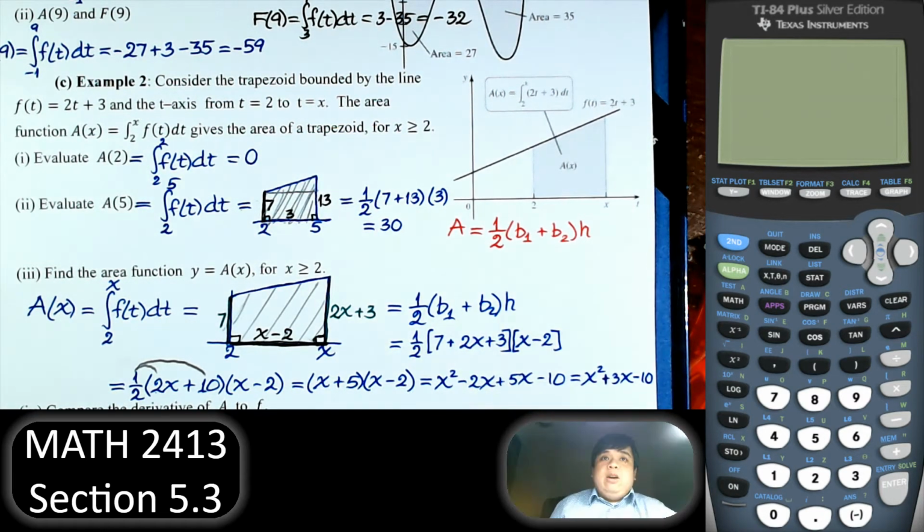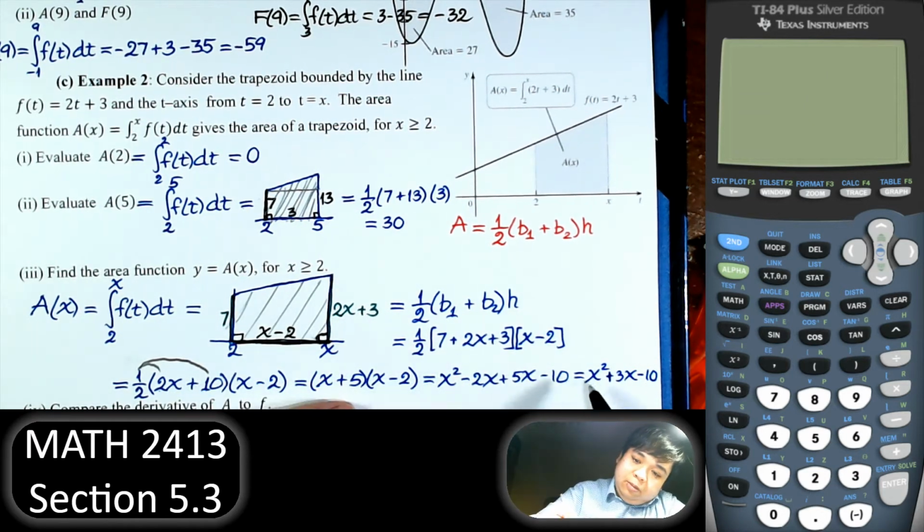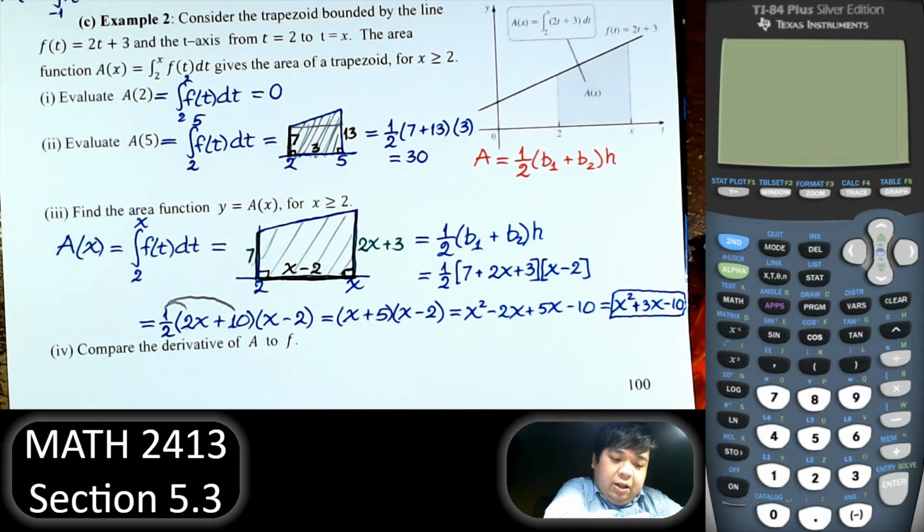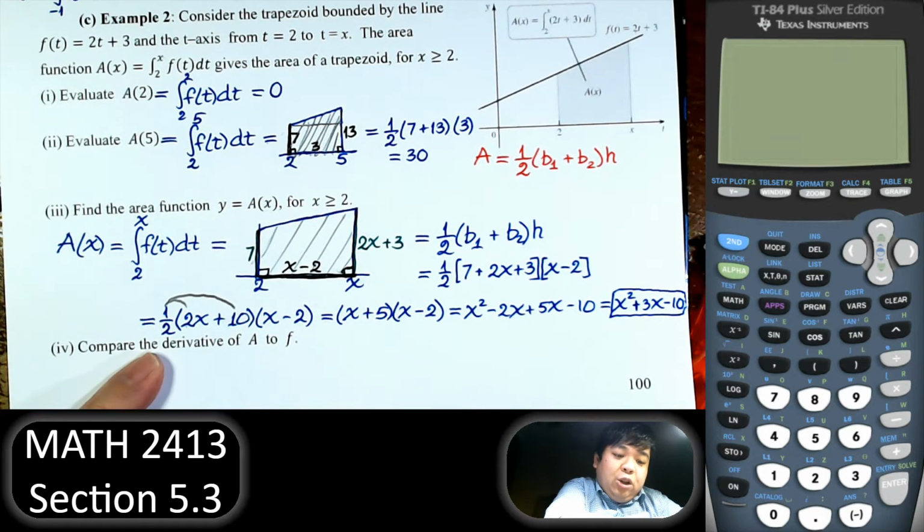So that is the area function: x squared plus 3x minus 10. Right. Finally, the next question is to compare the derivative of A to f.